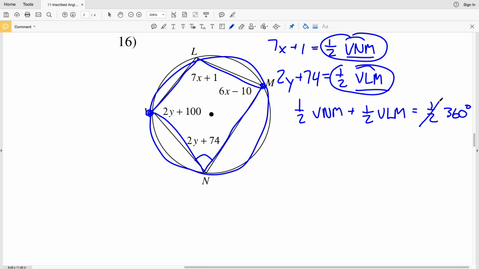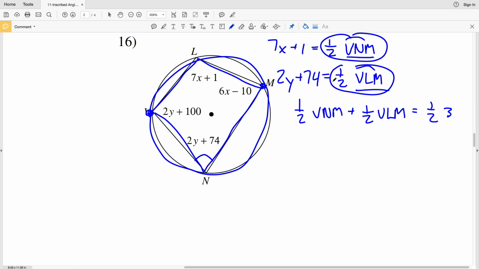If I divide everything by 1/2, essentially multiplying by 2, I'll have VNM, that arc, plus VLM equal to 360. So if 1/2 VNM is the inscribed angle associated with VNM, and 1/2 of VLM is the inscribed angle associated with VLM, and that's equal to 1/2 times 360, that means that when you add the inscribed angles together, they will equal 180 degrees.